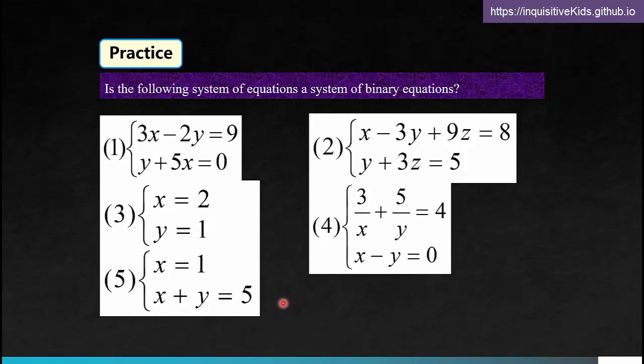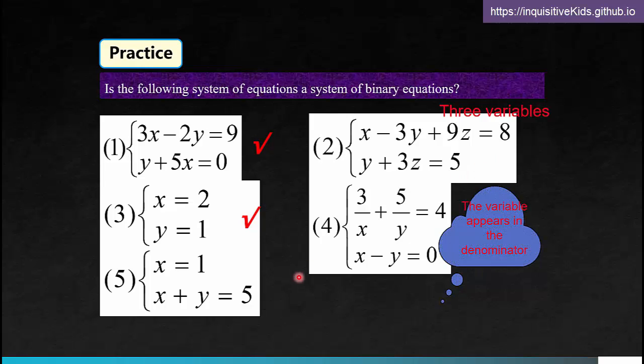Is the following system of equations a system of binary equations? So just determine and check whether each of these follows the expectations for a system of binary equations. Well, this one is, but this one has three variables, so it is not.